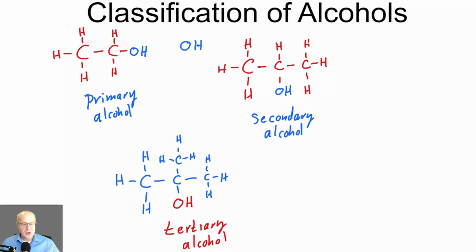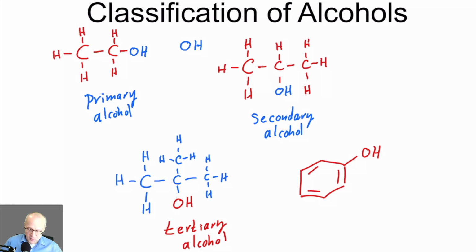Just like tertiary chlorides or primary bromides or whatever, same thing with alcohols. The OH has to be on the tertiary carbon for the alcohol to be considered tertiary. Now there's also aromatic alcohols, where the OH is attached directly to an aromatic ring.